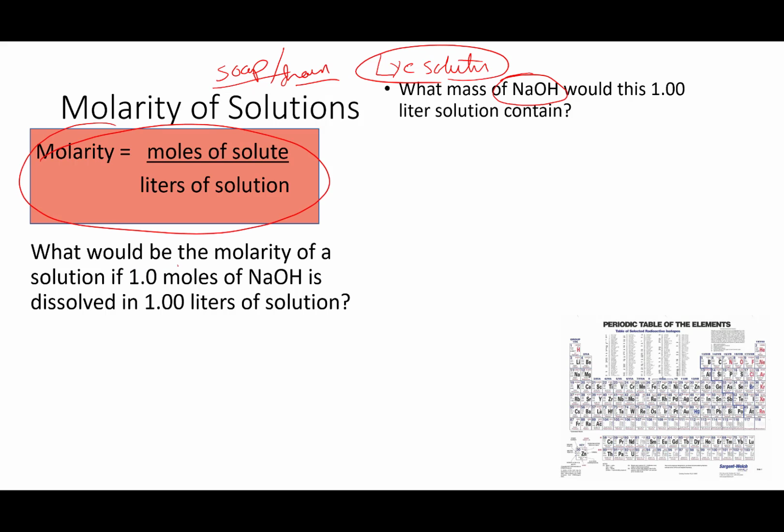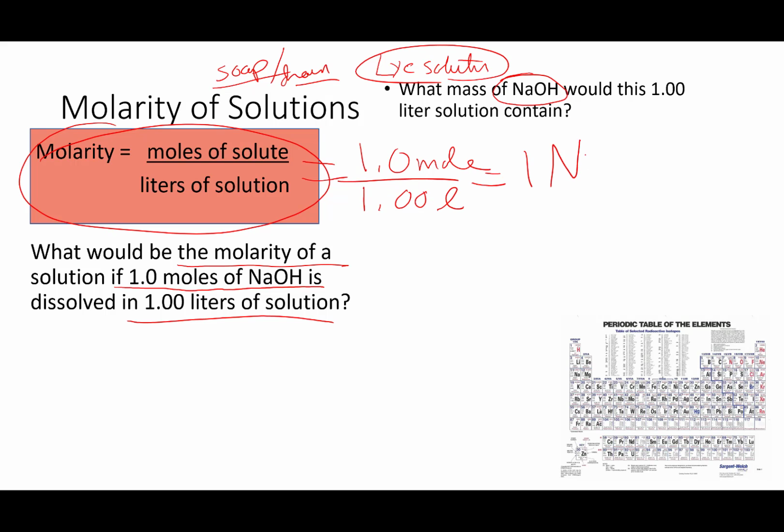So what would be the molarity of a solution if I had 1 mole of sodium hydroxide dissolved in 1 liter of solution? Well, if I had 1 mole of sodium hydroxide in 1 liter of solution, I would have a 1 molar sodium hydroxide solution. It's as simple as that.